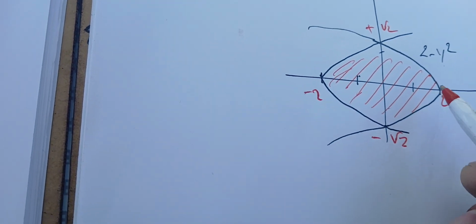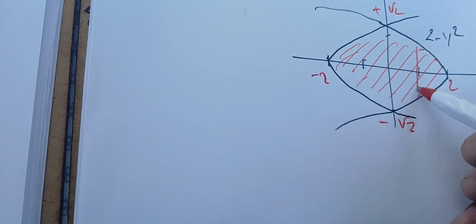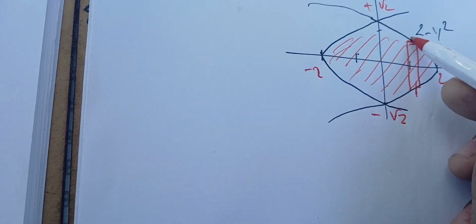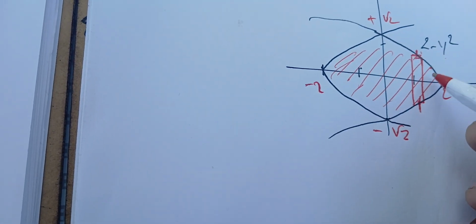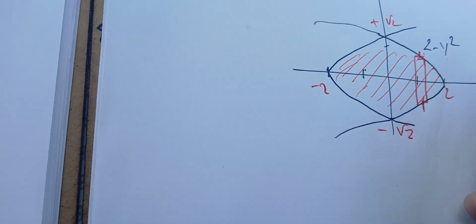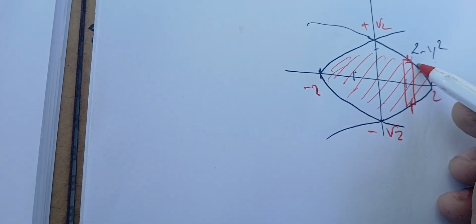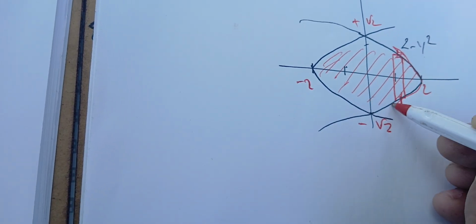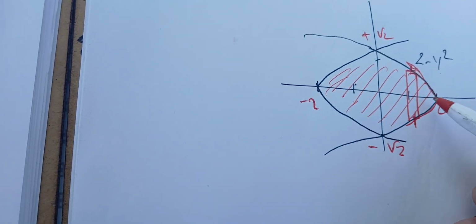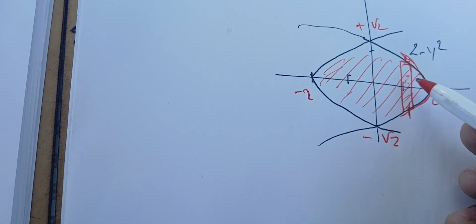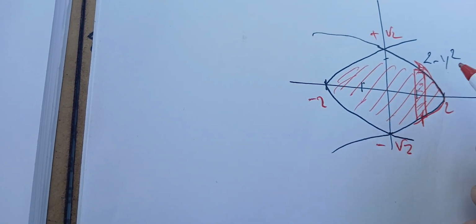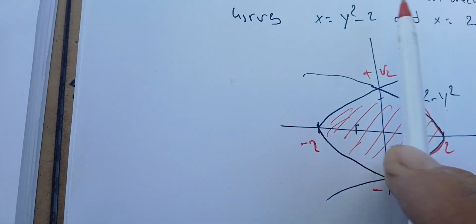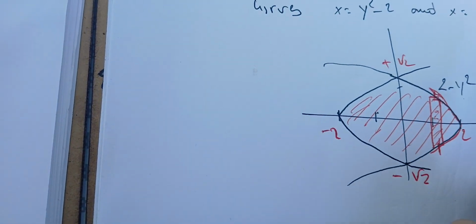If I try to integrate with respect to x, I see that they have the same function, so which one do I have to subtract from the other? I need to write an expression for each and subtract them. Very difficult. In this case it's doable, but in general it's difficult.